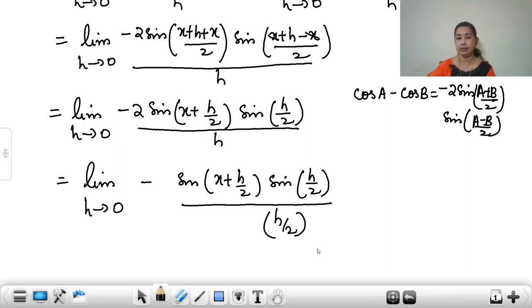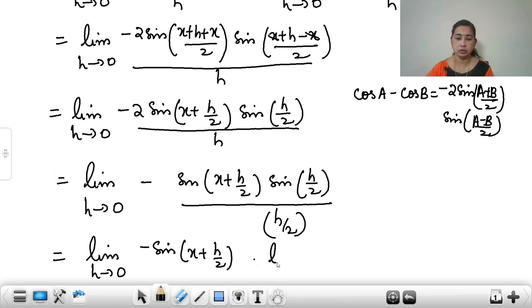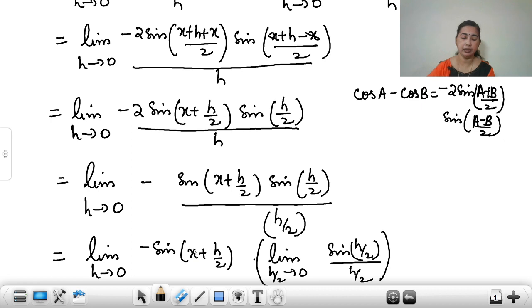And now applying the limit, this is equal to limit h tends to 0 minus sin of x plus h by 2 into limit h by 2 tends to 0 sin h by 2 by h by 2. So this part it is 1, and here giving h as 0, we will get it as minus sin x.